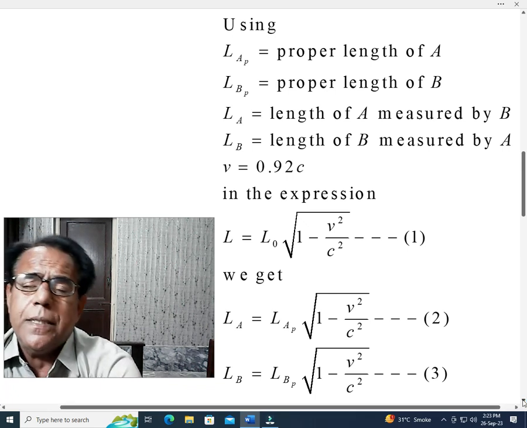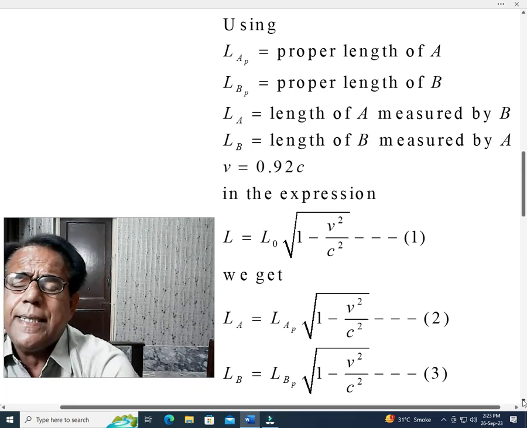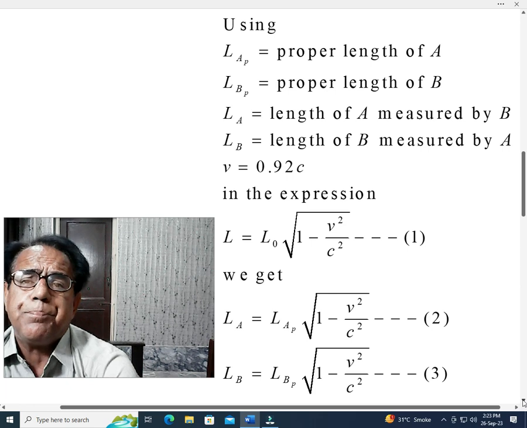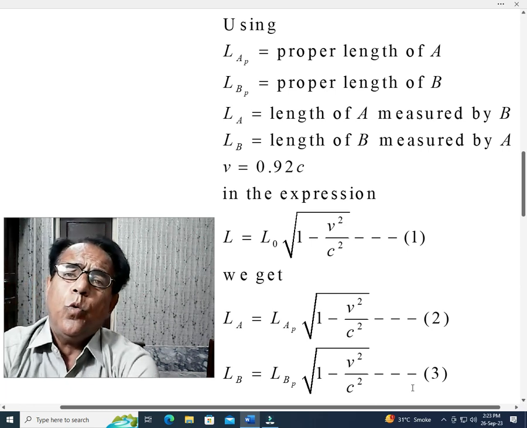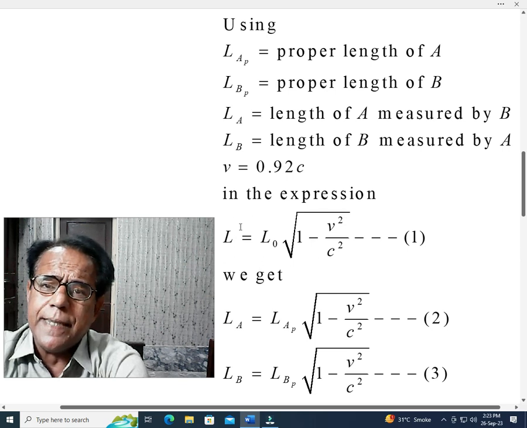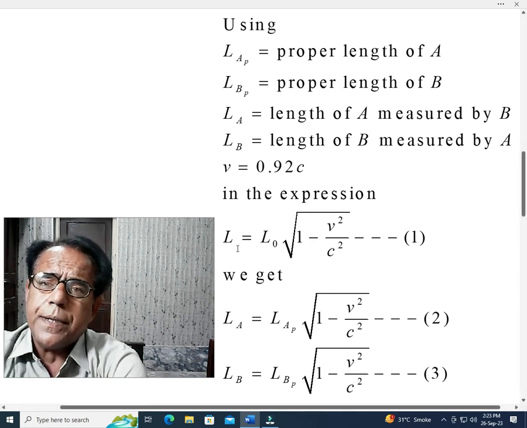This is designated as equation number 3, where L_B is the length of B measured by A and L_BP is the proper length of B. Dear students, this expression is the same which we have given in the two alternate snapshots.